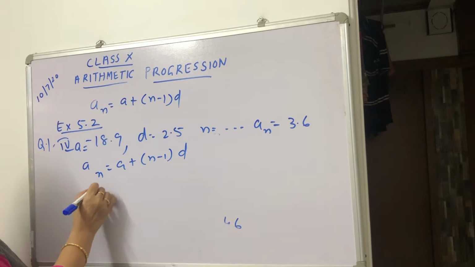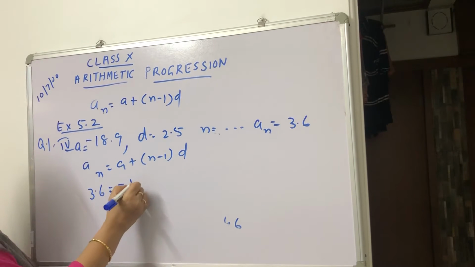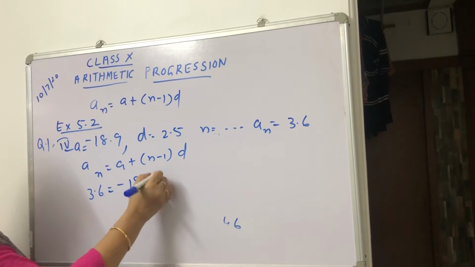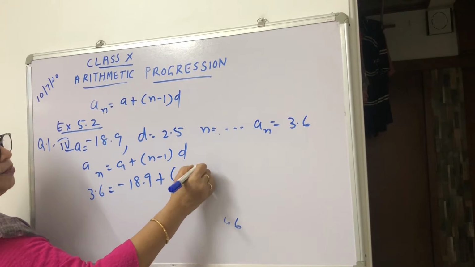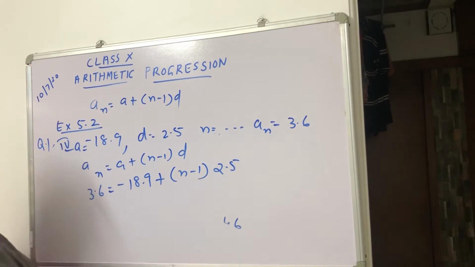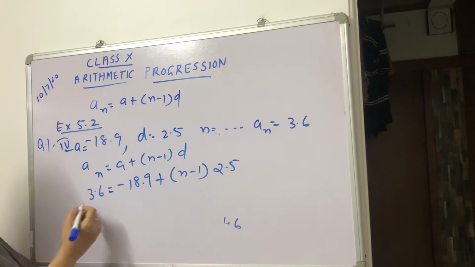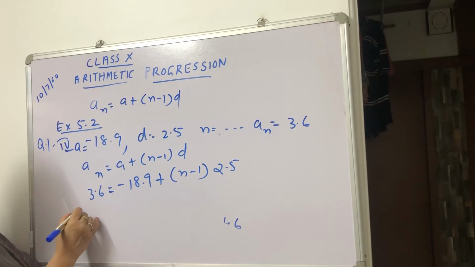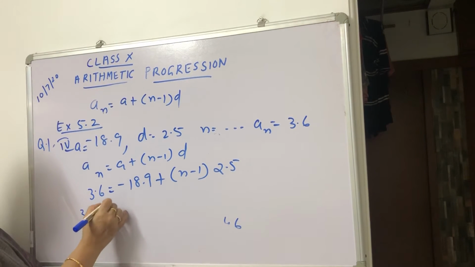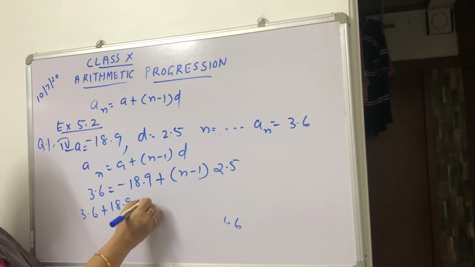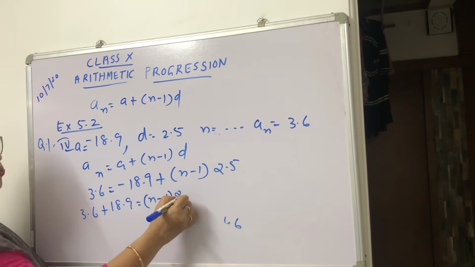Value of a_n is 3.6, a is minus 18.9, n you don't know, (n - 1) into 2.5. This 18.9 you can take to this side: 3.6 plus 18.9 is (n - 1) into 2.5.